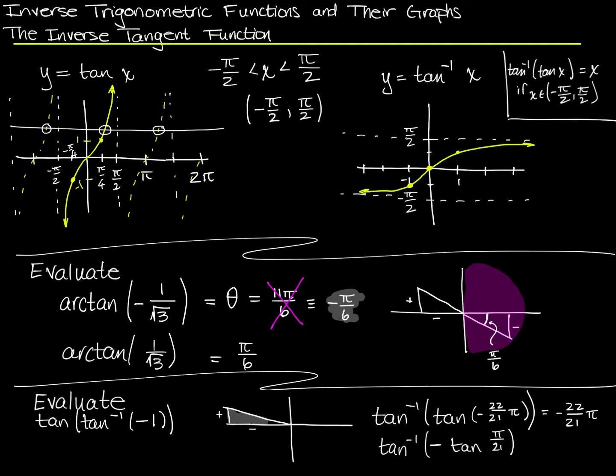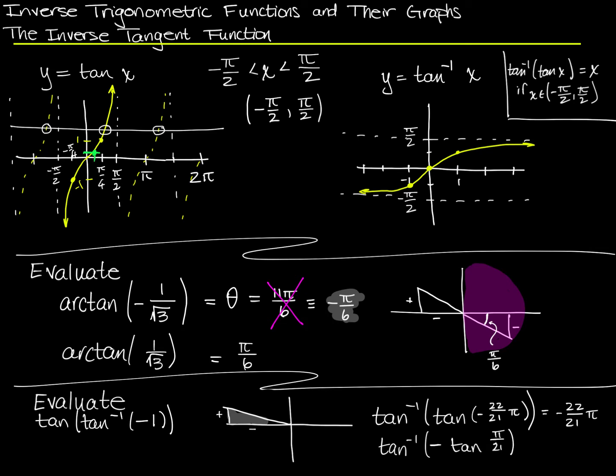But what I can use is the graph of tangent to say, well, what is the tangent of a small positive angle look like? The tangent of a small positive angle is a small positive value. If I take the opposite of that, here, let me do it this way. My y value here would be about there. I'm just taking a generic kind of random small angle value like that.